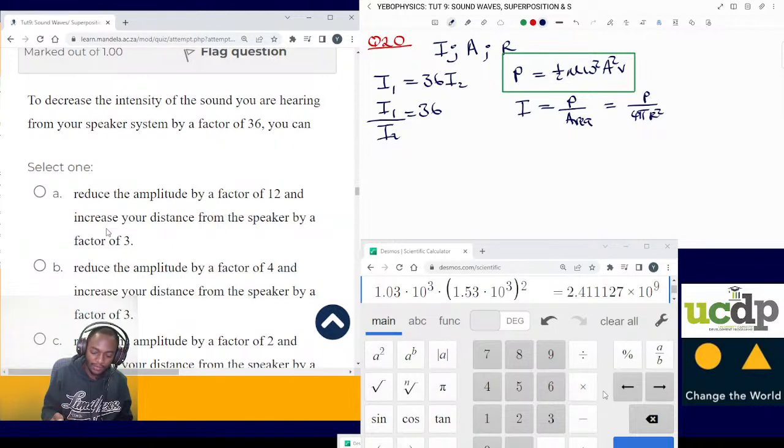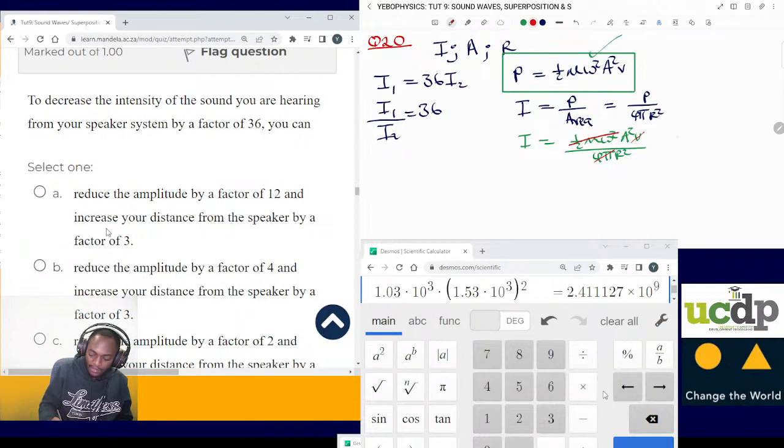We've established that our power is this equation, which means our intensity is equal to half mu omega squared a squared v over 4 pi r squared. Everything else is constant besides the amplitude and the radius, so we can ignore the rest.